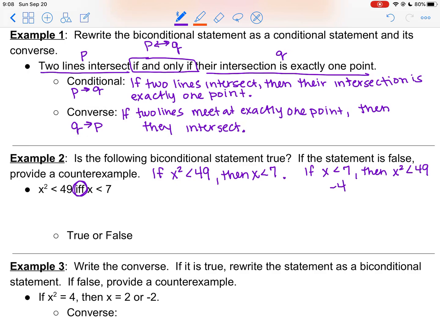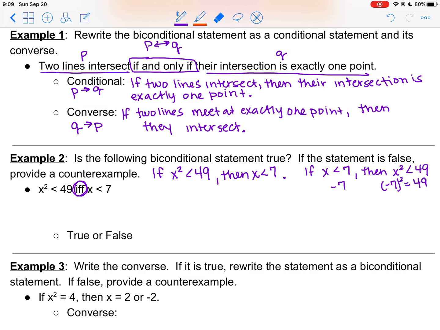If I do -4, -4 times -4 is 16, so that one still works. But what about -7? If x is -7, that's less than 7. But x squared, -7 squared, would equal 49, which isn't less than 49.